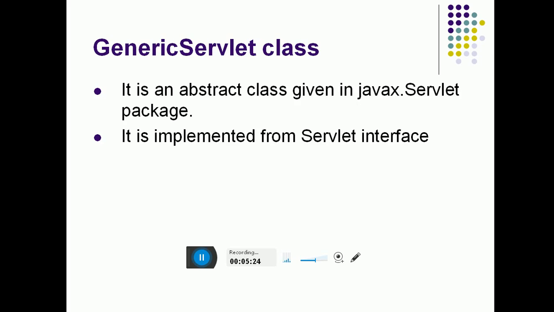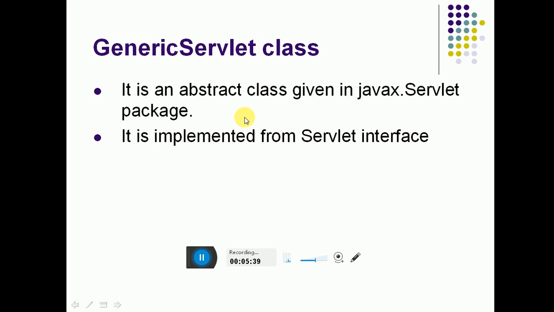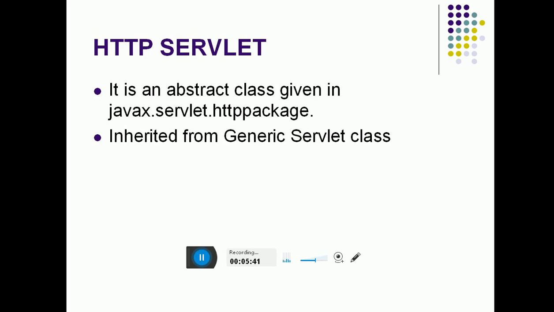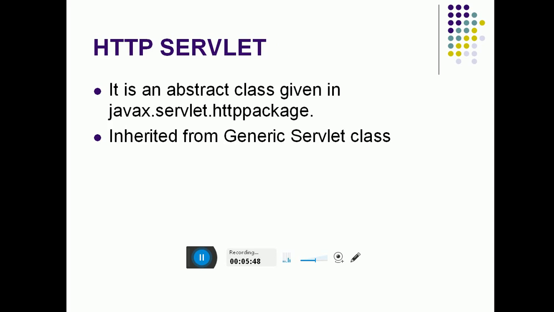The main difference is that the GenericServlet class is from the javax.servlet package, and the HttpServlet is from the javax.servlet.http package. This is the protocol independent class, and this is the protocol dependent class. That's the only basic difference between GenericServlet and HttpServlet.